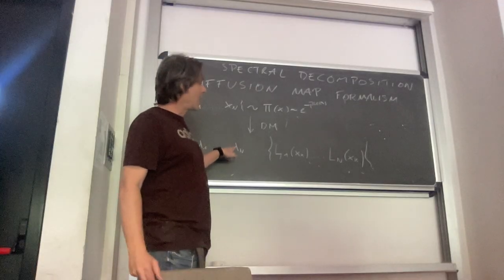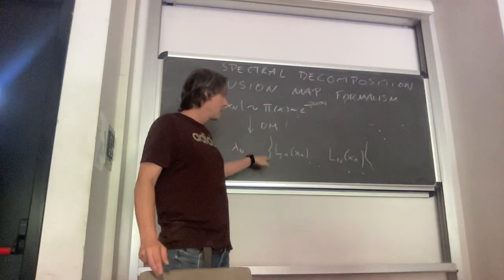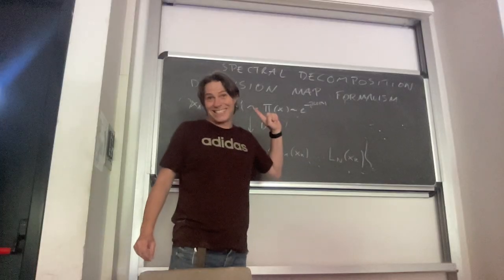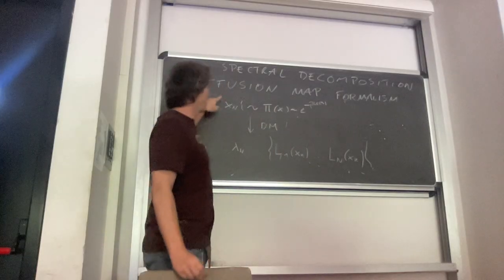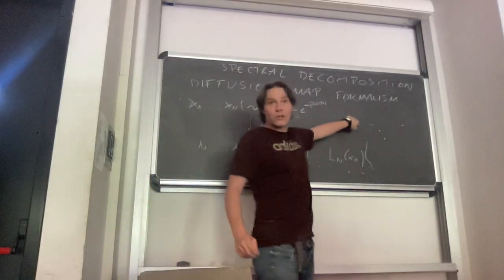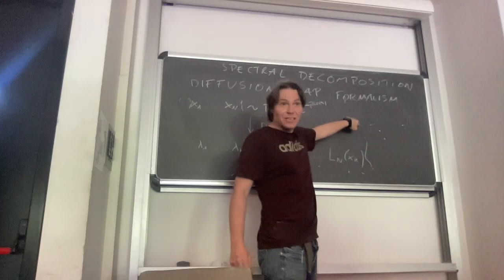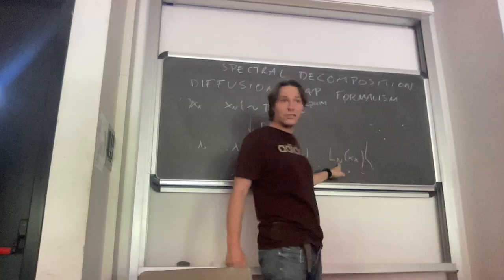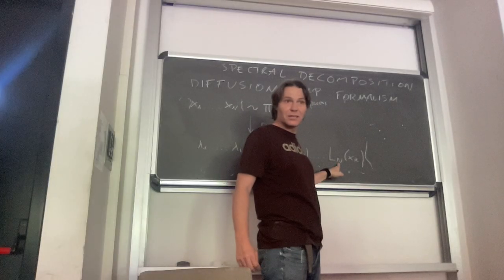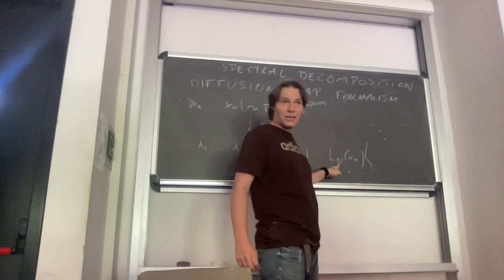And I get n functions for each point, which is the value of L1 at this point, the value of L2 at this point, up to the value of Ln at this point. So this is in fact a square matrix. Right?